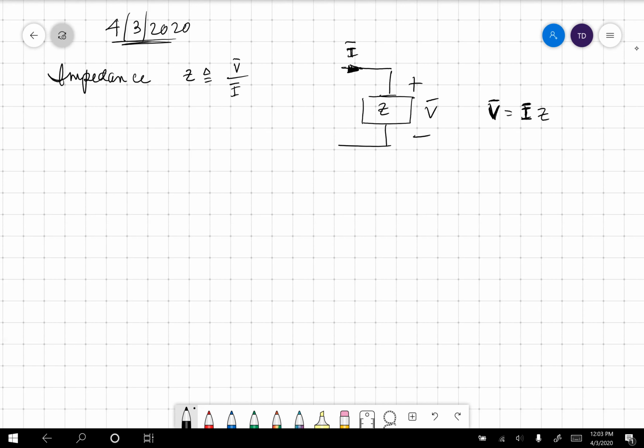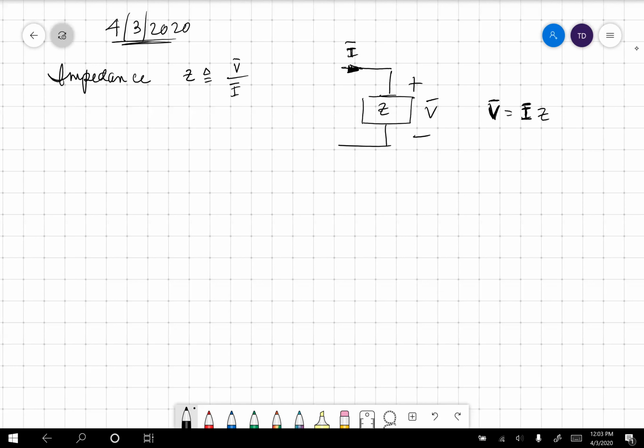And the reason is that Z is not representative of a time-varying sinusoid. So we've got this relationship between the voltage and the current in the frequency domain that is very similar to the relationship we have between the current and the voltage in the time domain for a resistor. The beauty here is this voltage-current relationship is for all impedances.